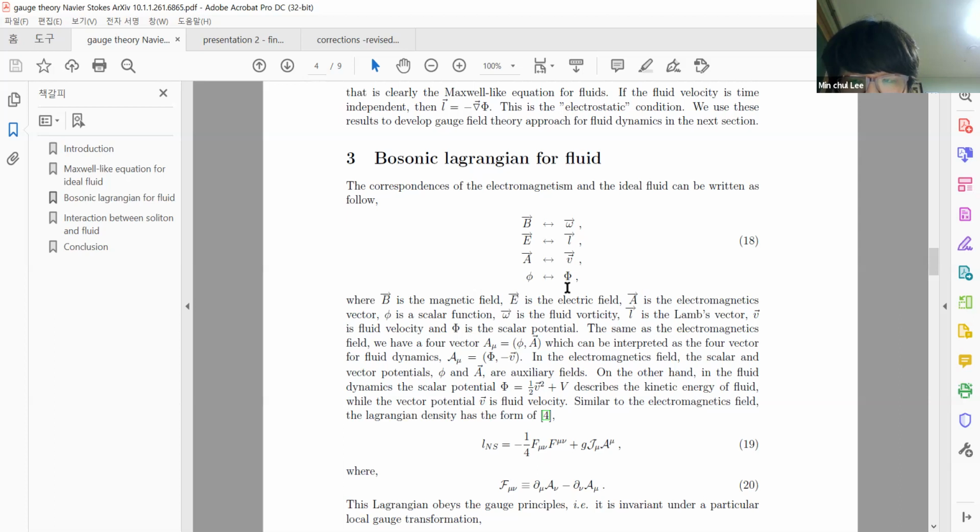What's small l on the right side? The Lamb vector. It is the cross product of the velocity field and vorticity. I see.